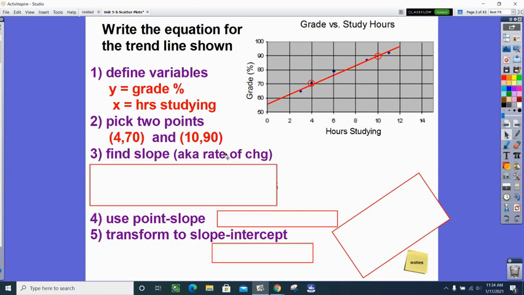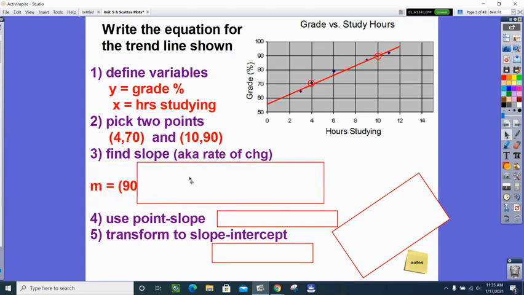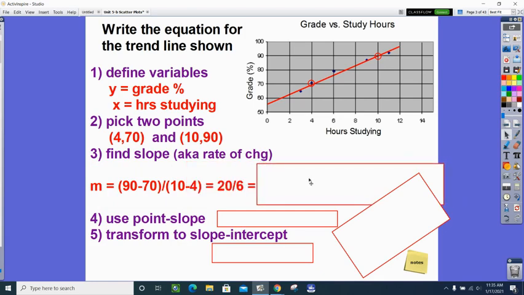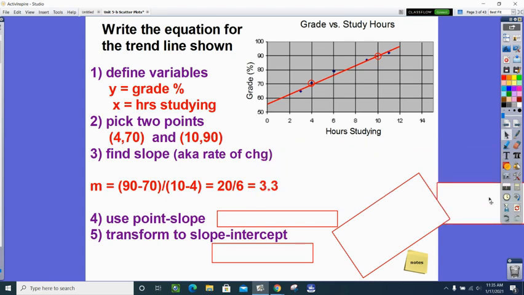Oh, by the way, it's rate of change, since it's a real-world problem, but rate of change is just slope, basically, in a real-world problem with units. So I'm going to take y minus y over x minus x, which would give me 20 over 6, and because it's a real-world problem, I'm going to divide that out to get an approximate unit rate. In this case, it's about 3.3.